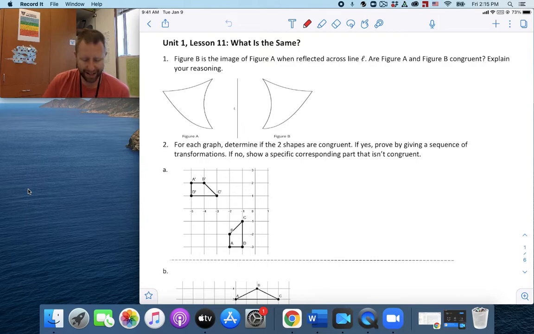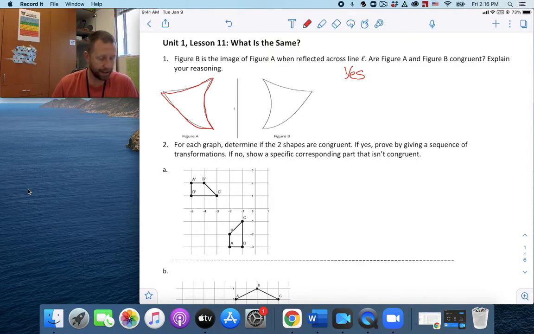If I trace this figure A with my patty paper and reflect it across, that proves that they are congruent. And now I remember in our notes, we did say that if you perform a rigid transformation, then two things would be congruent. So I didn't even have to use my patty paper. Yes, they are congruent.